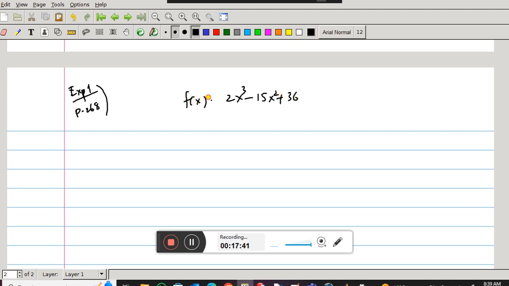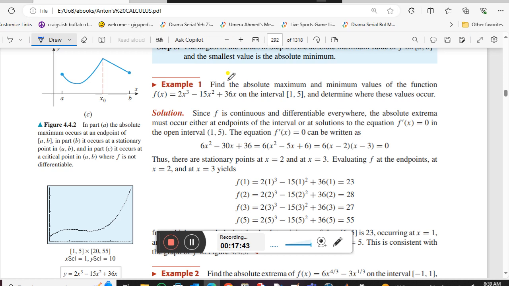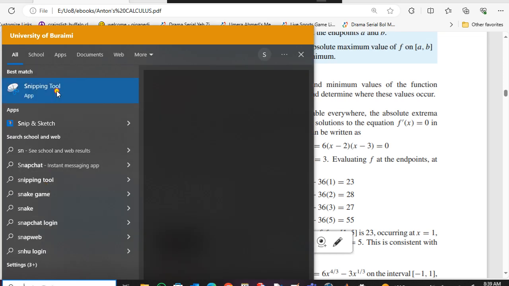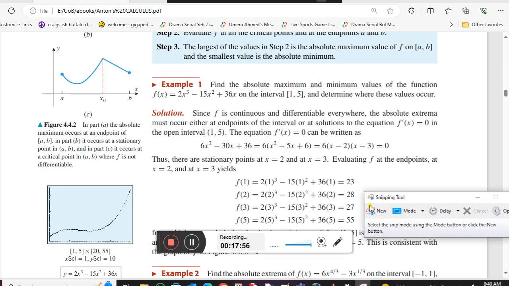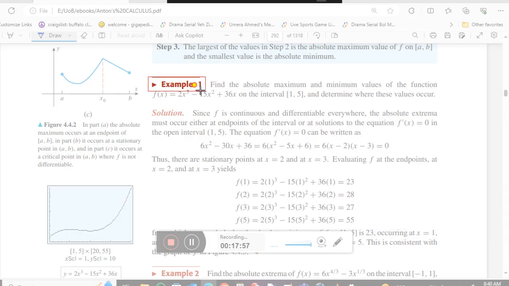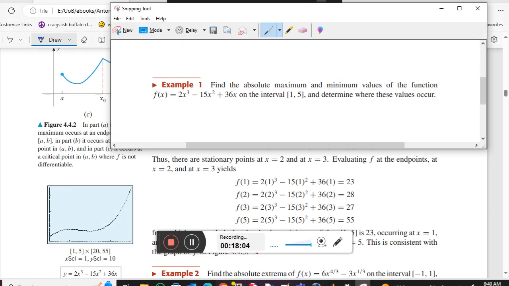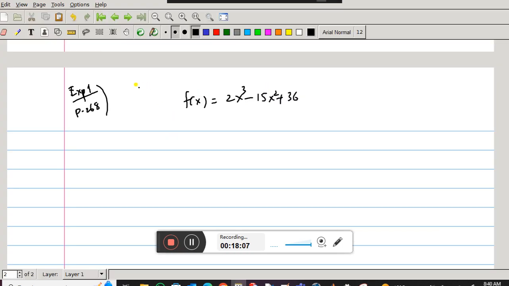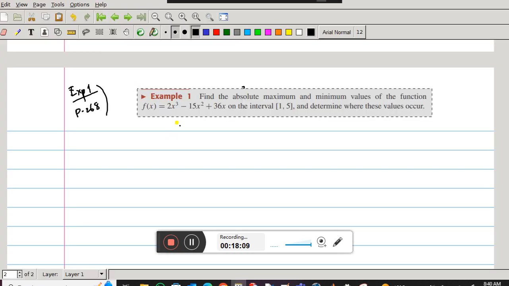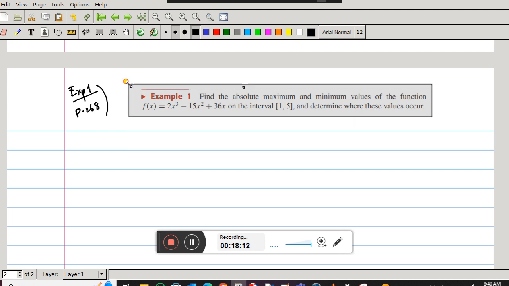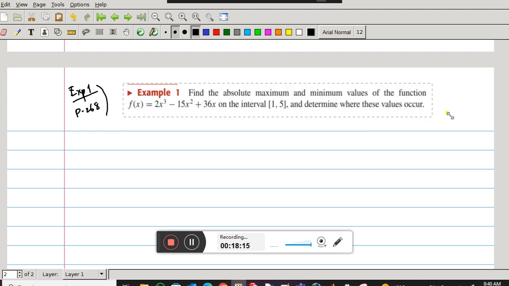And the question is, find the absolute maximum and absolute minimum values of the function on the interval 1 to 5. Well, that's it. Okay. So this is my function.